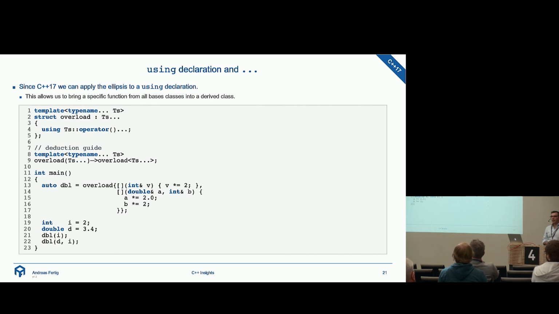One that takes an int by reference and the second one that takes a double by reference. The first one multiplies the passed value by 2, the second one by 2.0, and it has also a second variable which is multiplied by 2 again. And now I can use this created type dbl to either call it with 1 parameter in line 21 or with 2 in line 22.